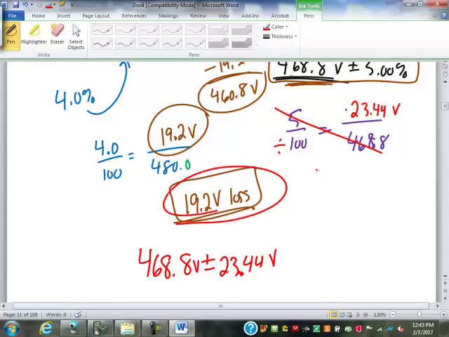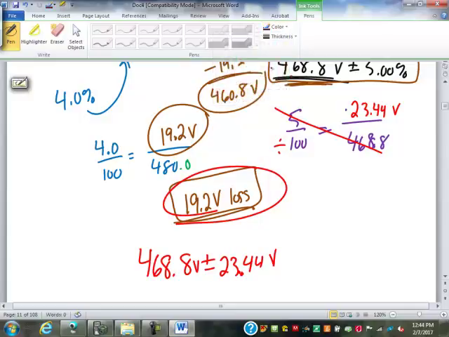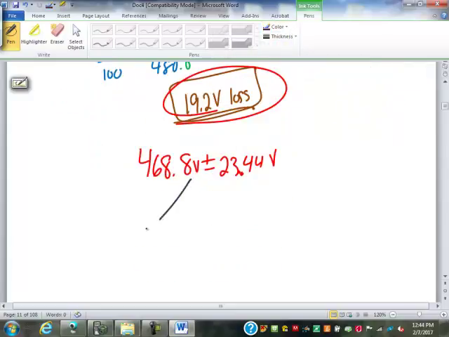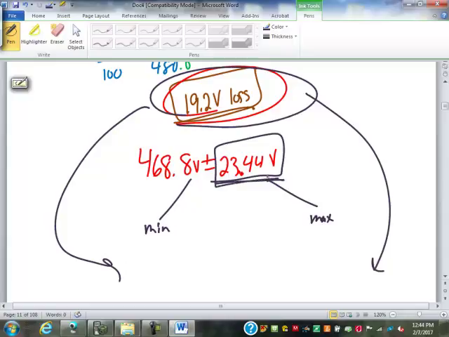So there's two ways we could do this. We could either take this source here and find the minimum and maximum, and then subtract the 19.2 volt loss from each of those. Or the simpler way, now that we actually have this allowance here, this plus or minus here, we could just subtract that 19.2 volt loss from our source.